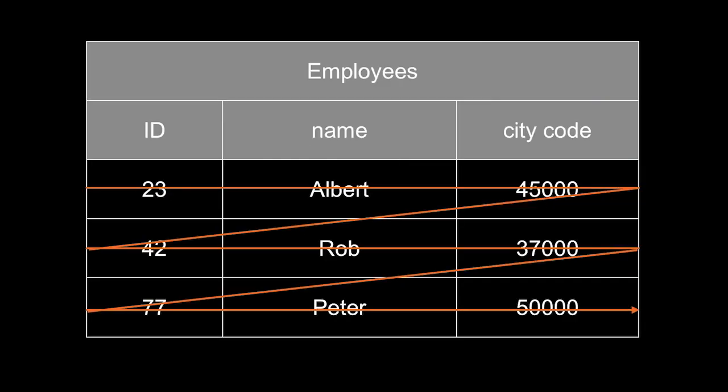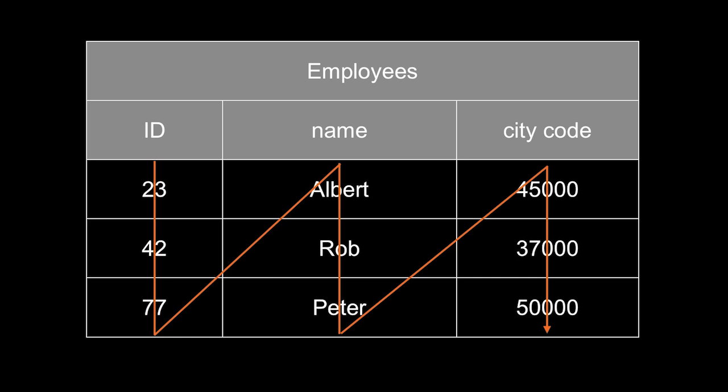So you could do that row-wise. You could say, okay, I first store 23, then Albert, then 45,000, then 42, Rob, and so forth. This is called a row-wise layout or a row store. But you could also do that in a different way. You could do it in column order. So 23, 42, 77, Albert, Rob, Peter, and so forth.